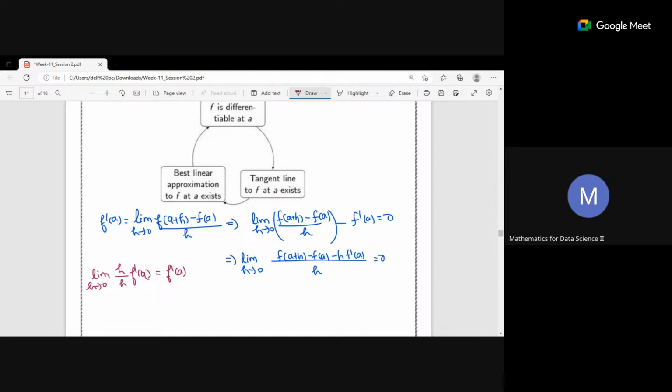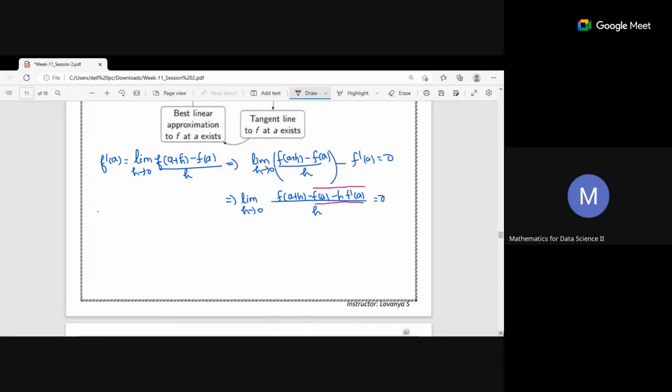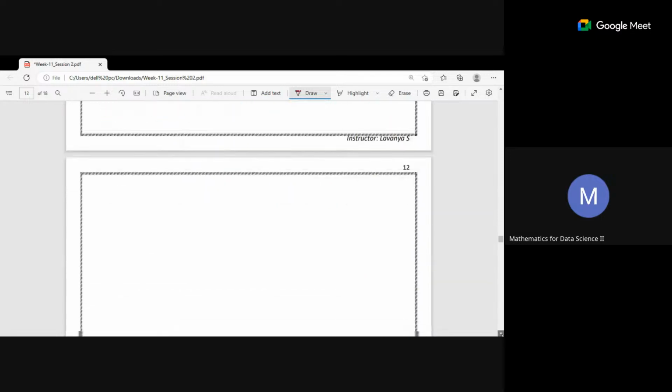Is this step fine? Okay. Now, just remember this part here, and we will look at this definition of differentiability here, and we'll come back.